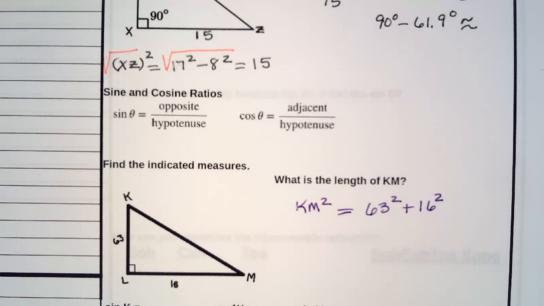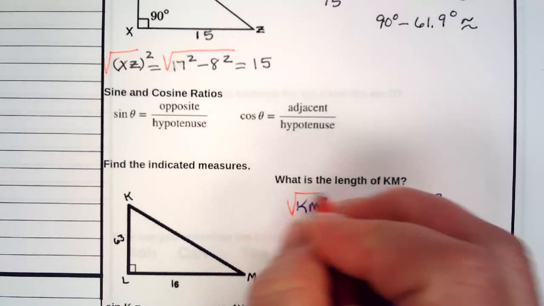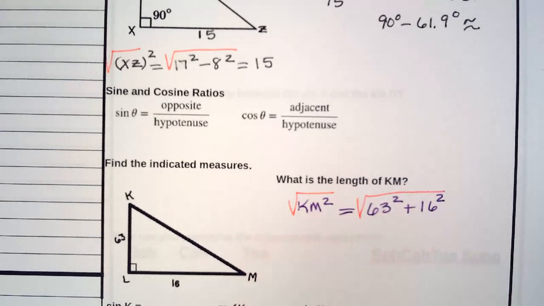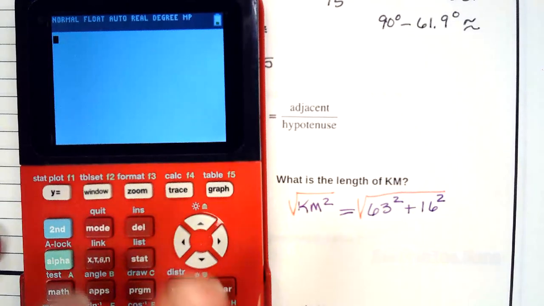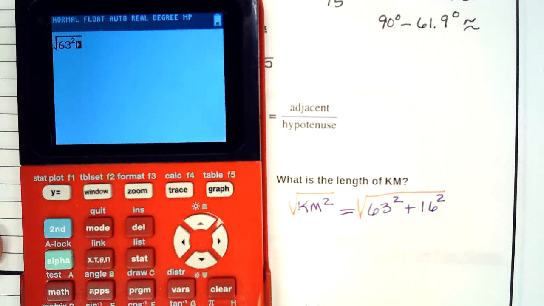I'm going to square root both sides. And I end up with 65.